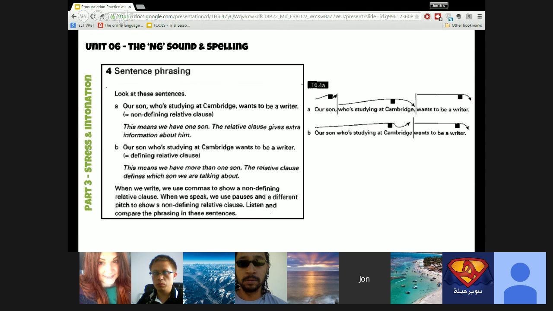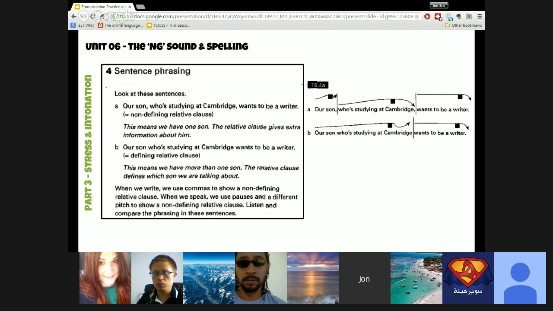It's got to build up to the Cambridge. Our son is studying at Cambridge. Our son who study at Cambridge wants to be a writer. Okay, it's not bad. So there's no pause between son and who, like there is in sentence A.